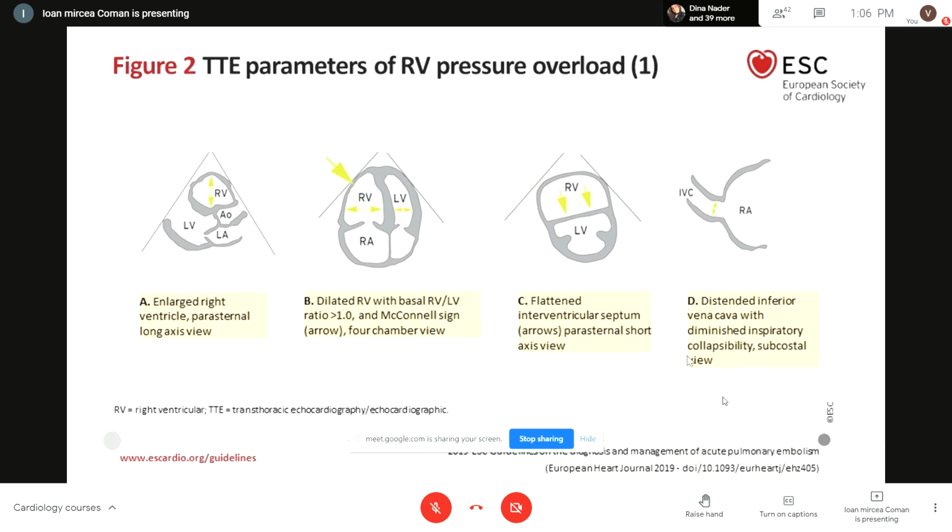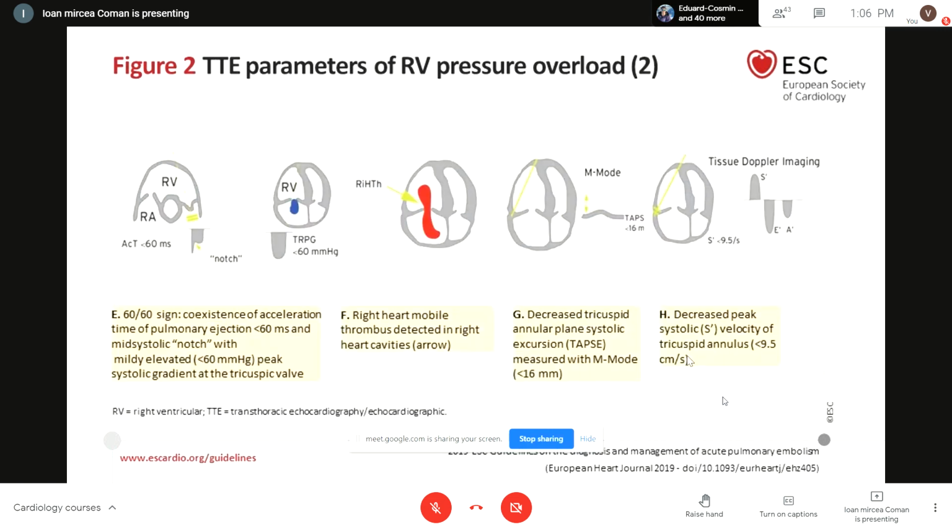So we have a lot of useful signs in echography, and as a difference from the aforementioned methods, we generally have the possibility of getting an echo in every emergency area in this country.